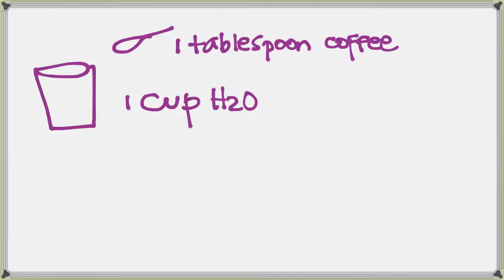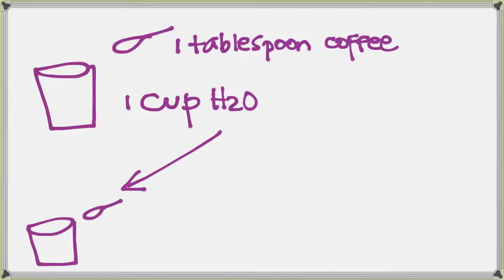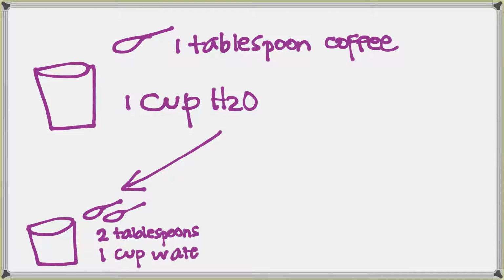Well, you can do either of two things. We can get 1 cup of water and add 2 spoons of coffee. So let's write that down: 2 tablespoons of coffee and 1 cup of water, H2O. Or, to make it stronger, we can reduce the water.